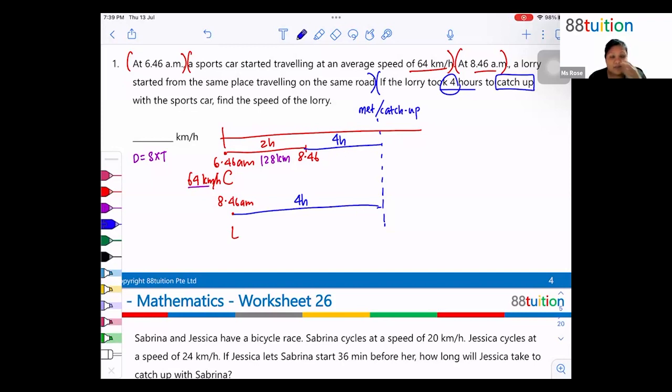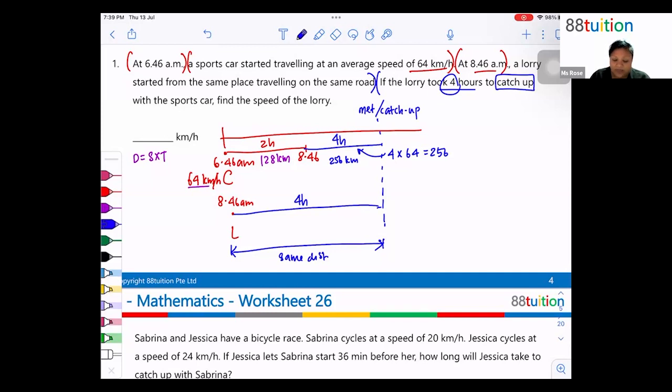There are 2 ways to do this. At the time that they caught up, we're talking about the same distance. Now, we know that in 4 hours, the distance covered by the car would be 256 kilometers.